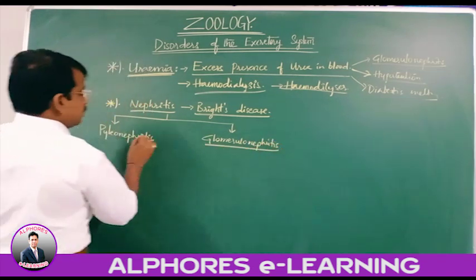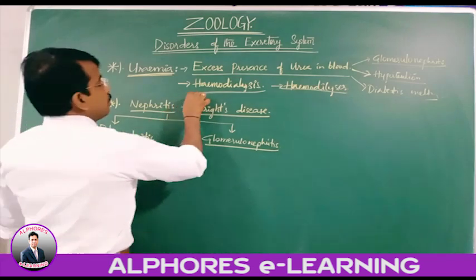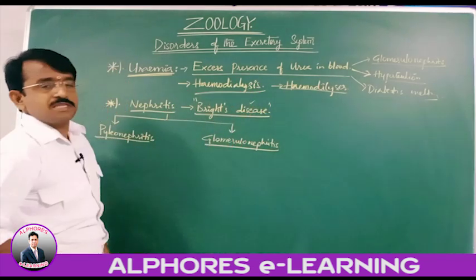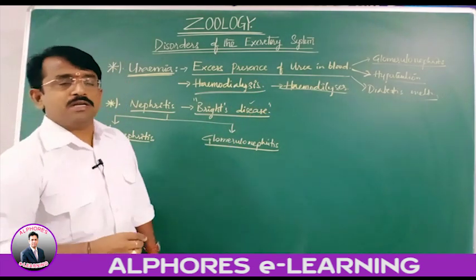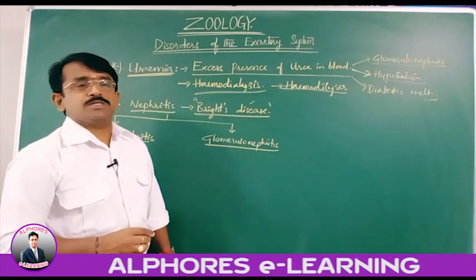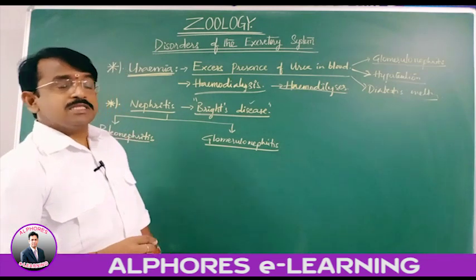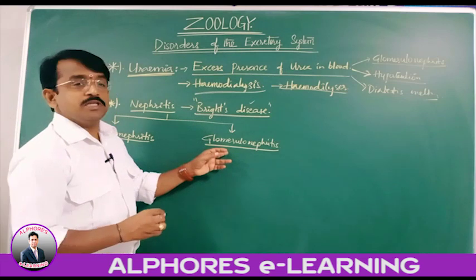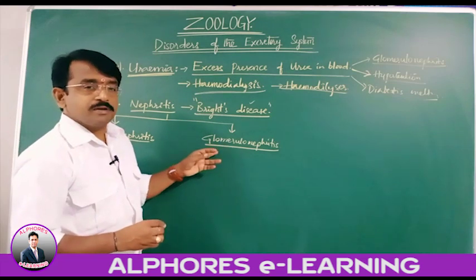Generally, nephritis is also named Bright's disease. Inflammation in the glomerulus is considered to be glomerulonephritis.